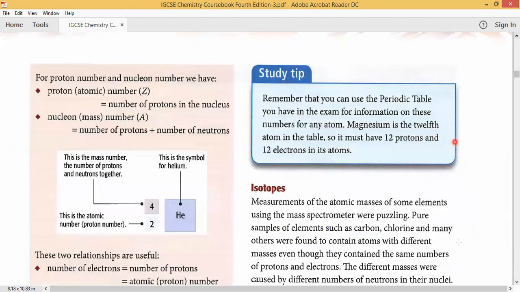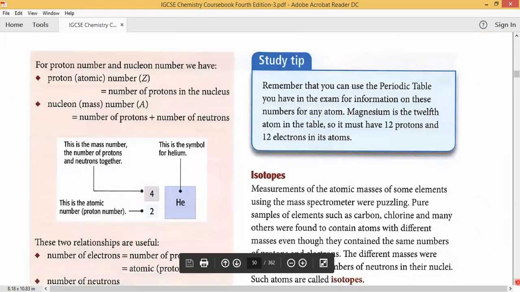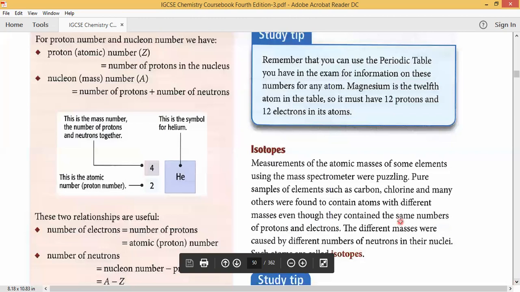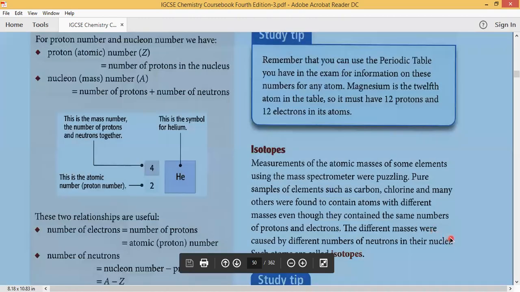Now, defining isotopes: isotopes are the atoms of the same element which have the same proton number, but different neutron number. So isotopes have the same proton number, but different neutron number.